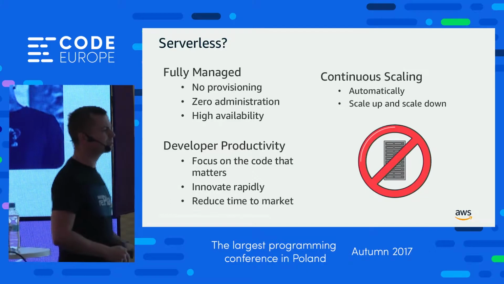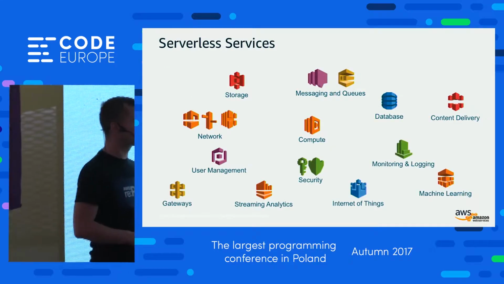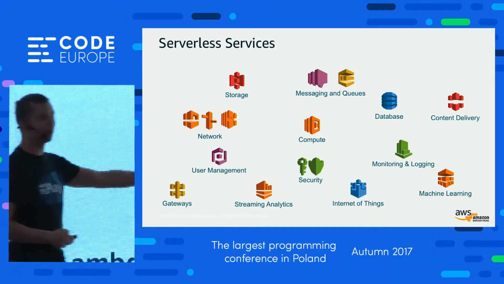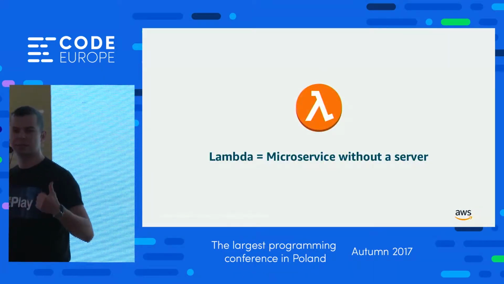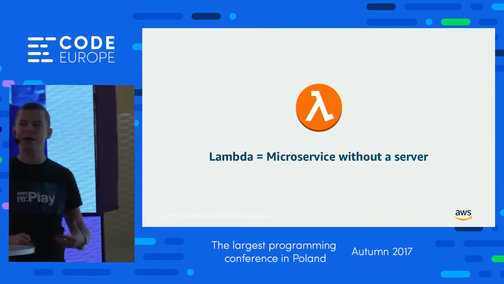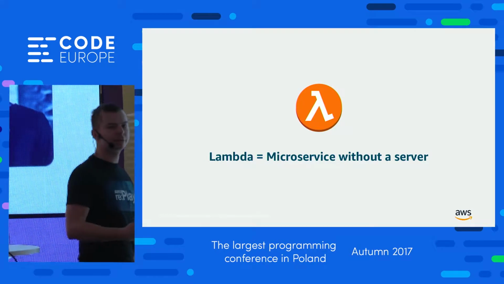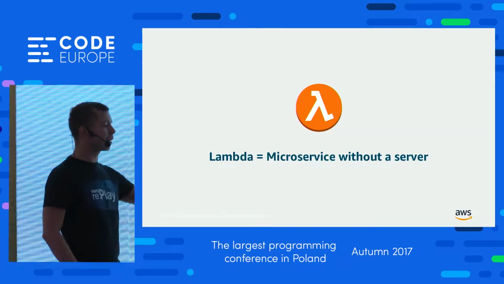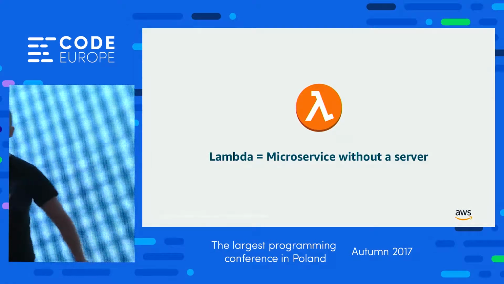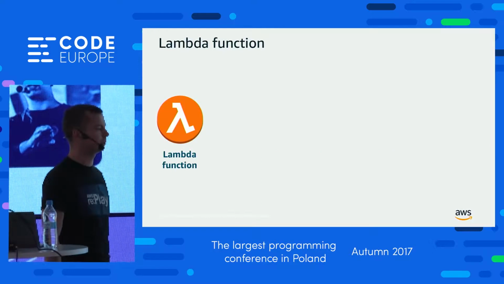AWS currently has quite a lot of serverless services, and the most popular, the most famous is Lambda. For me personally, Lambda is the best service in AWS because it completely changed the way we build application systems. The easiest definition of Lambda is that this is a microservice without a server. We are building some kind of microservice, but we are not thinking about the infrastructure.